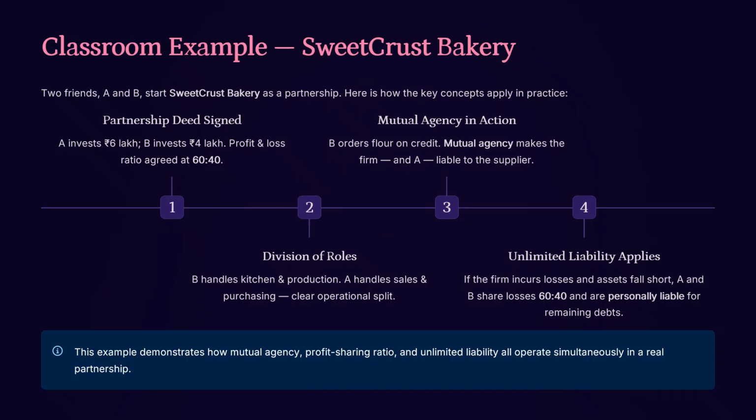Since the partners have unlimited liability, they must use their personal assets if necessary to repay the remaining amount. This example helps us to understand three important concepts together: partnership deed, mutual agency, unlimited liability. Whenever you study partnership, relate these concepts to this example. It makes them much easier to remember.